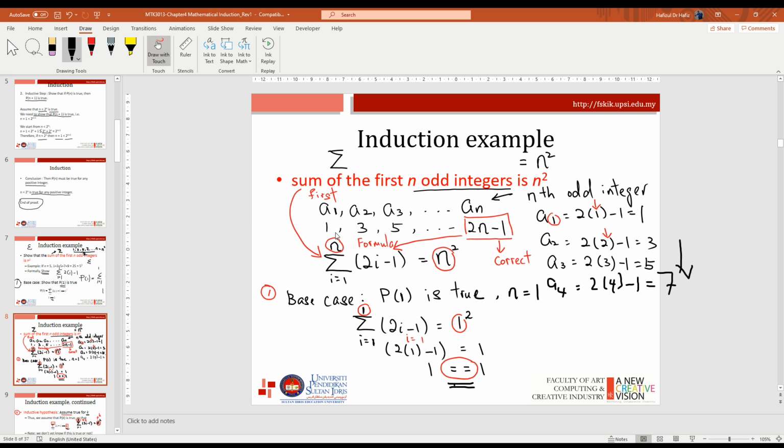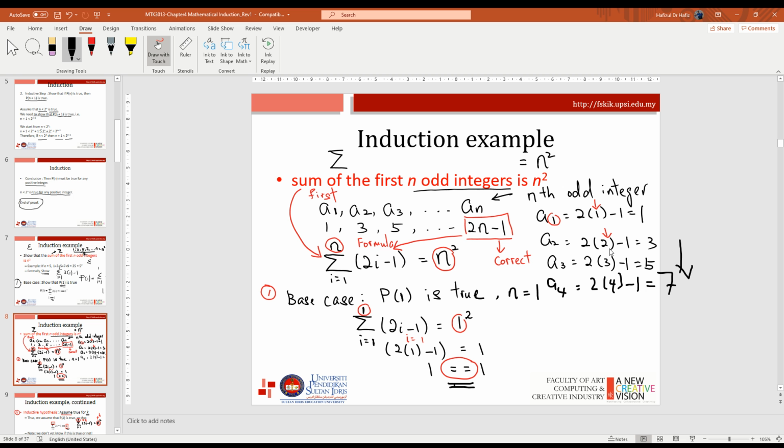First, we can have the summation terms. And then to decide the formula, we list out a1, a2, a3 until an, with n being the odd integer. We can have a1 equivalent to 1.